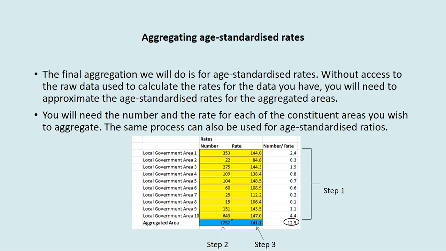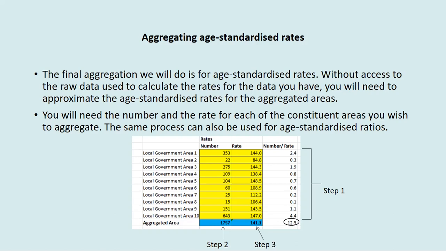Firstly, for each constituent area, divide the number by the rate and then sum all of these, as you can see in step 1. In this case, the sum is 12.5. Step 2, we sum the number of all of the constituent areas, which equals 1,757 in this instance.